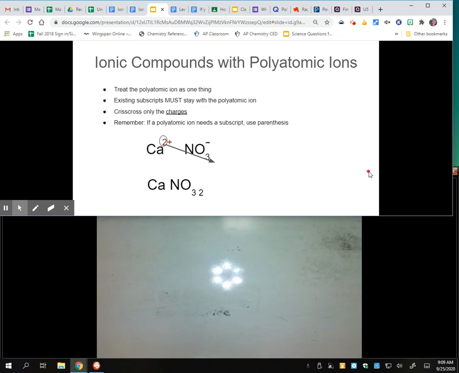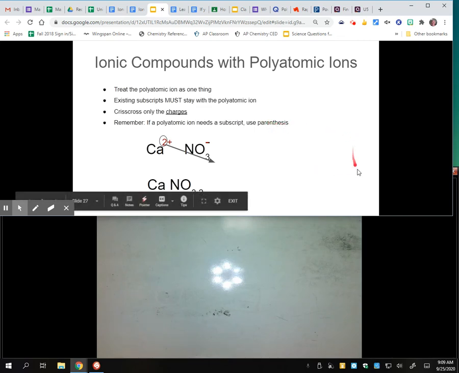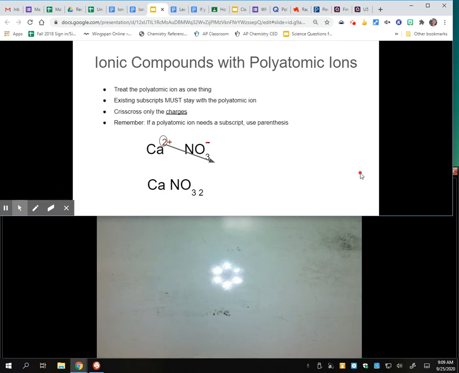Now, I'm going to talk about this rule right here, that if a polyatomic ion needs a subscript, you need to use parentheses. Because if you don't, it should look funny at this point, it's saying something that you don't really mean. This is saying we've got calcium bonded to a nitrogen and 32 oxygens. And that's completely impossible.